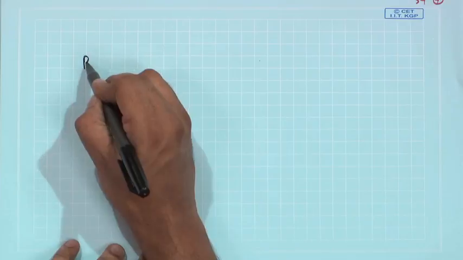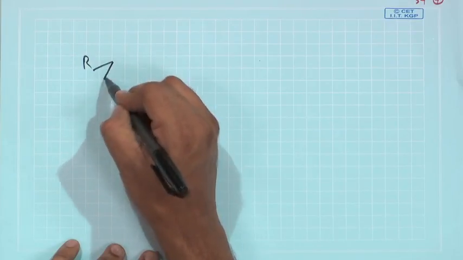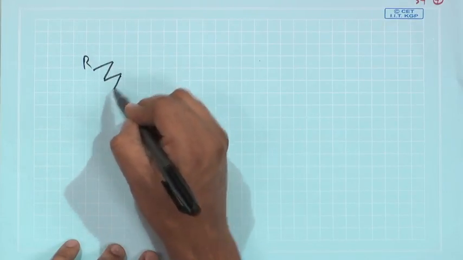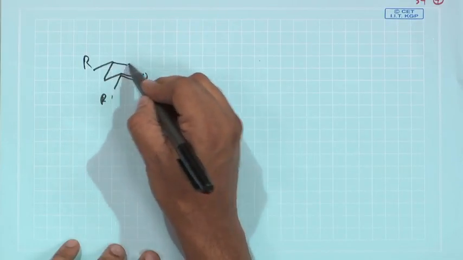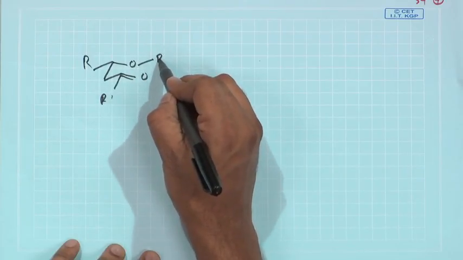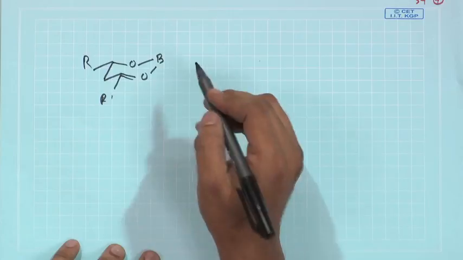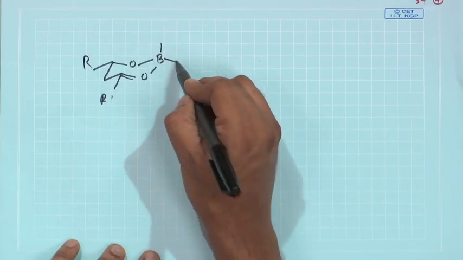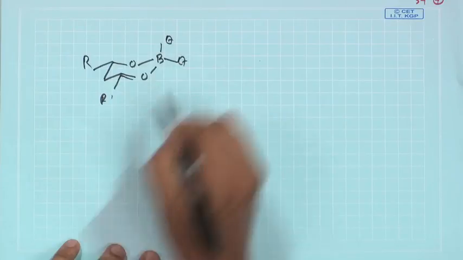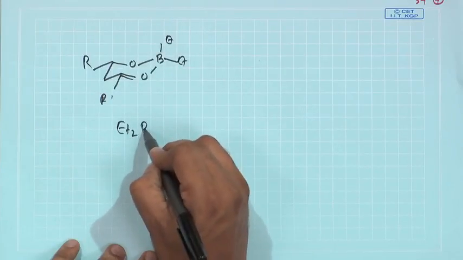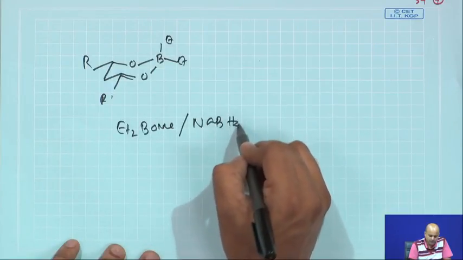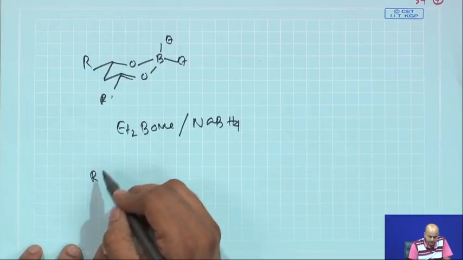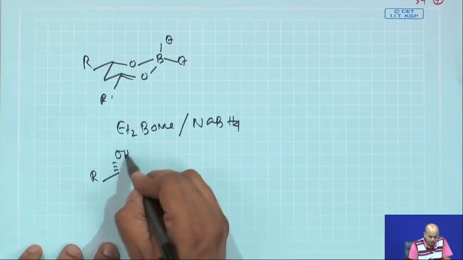In the case of the Prasad one, if you draw the transition state again, the reagent system which was used is Et2BOMe, and sodium borohydride was used as the reagent if you want to do the external hydride delivery for this reduction.